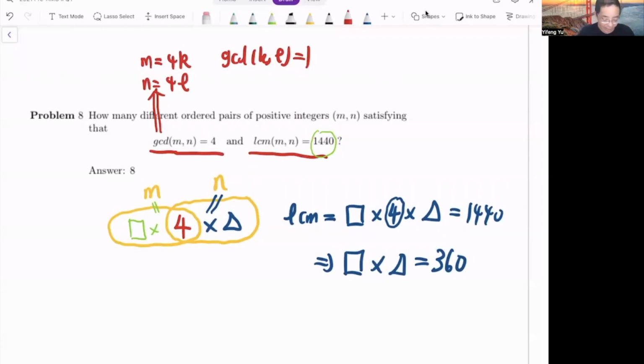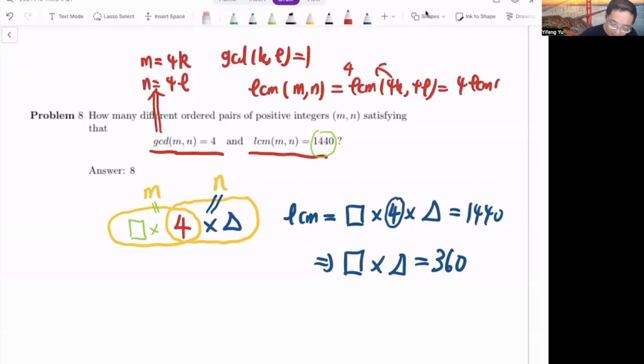Then the LCM of m and n will just be the LCM of 4k and 4l, and you can pull the 4 out. So this will be 4 times the LCM of k and l. Because the GCD of k and l equals 1, this will just be 4 times k times l.